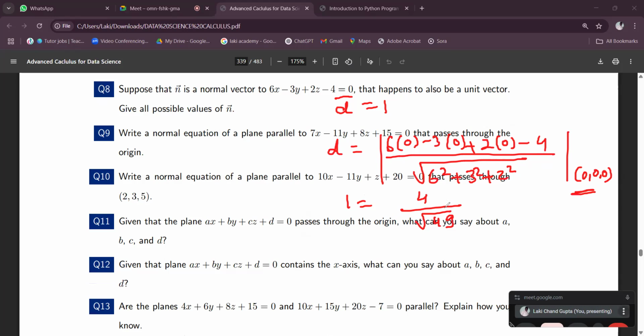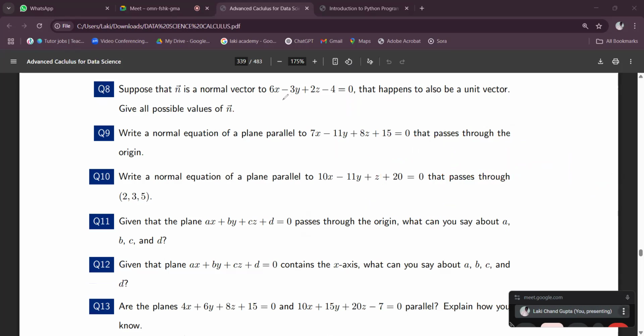So what is the possible value of this? No, no, no. Here it is saying that suppose vector n is a normal vector to this. Let's suppose vector n is A, B, C, that happens to also be a unit vector.